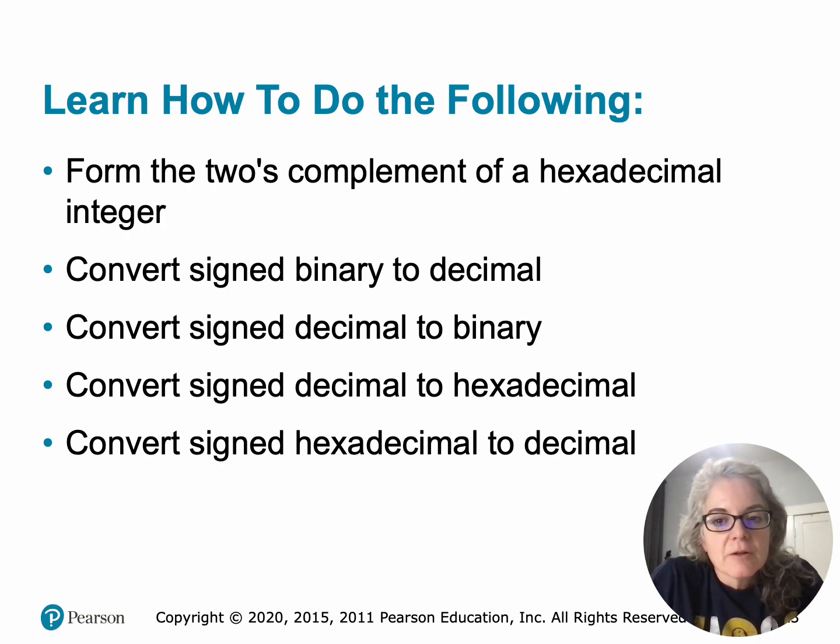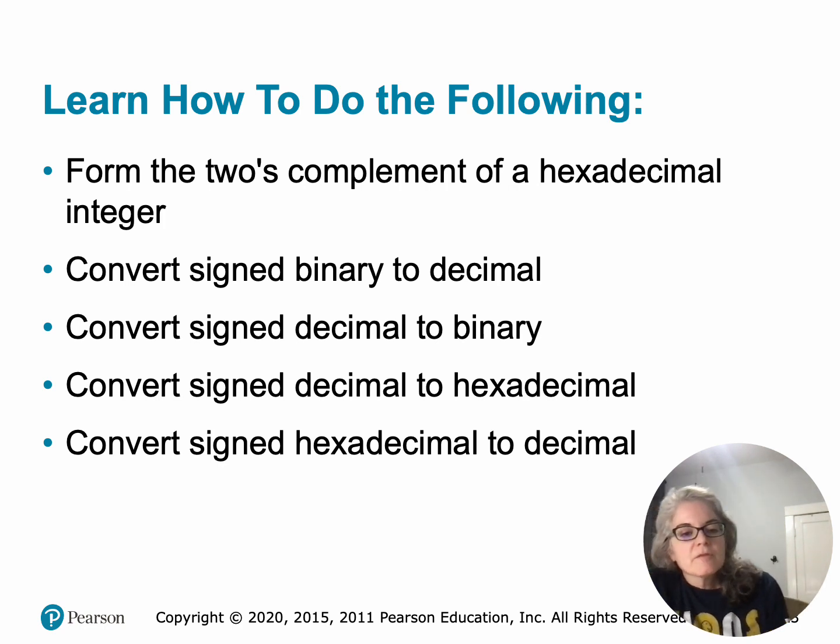Learn how to do the following: form the 2's complement of a hexadecimal integer, convert signed binary to decimal, convert signed decimal to binary, convert signed decimal to hexadecimal, and convert signed hexadecimal to decimal.